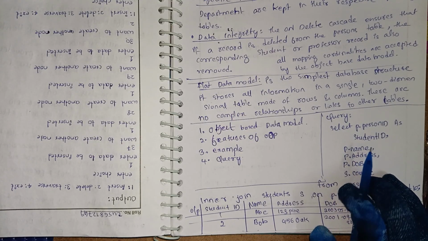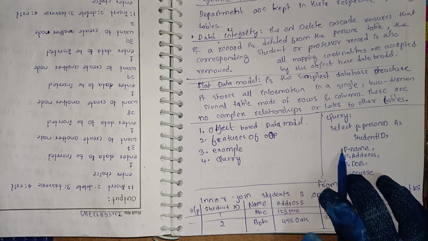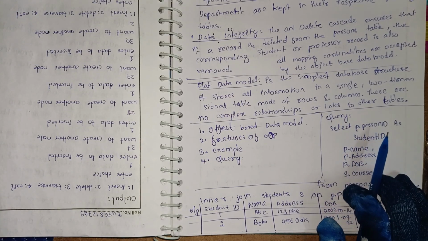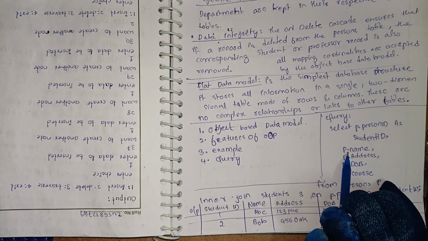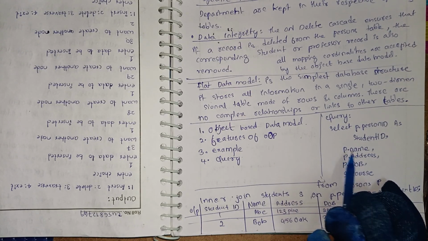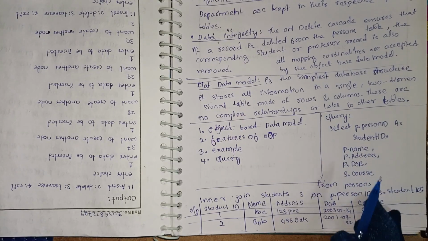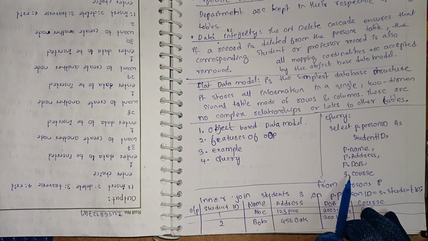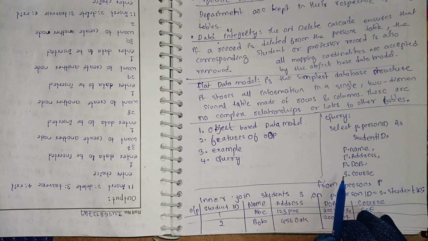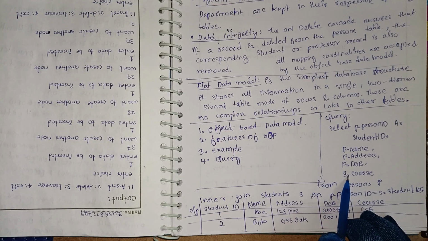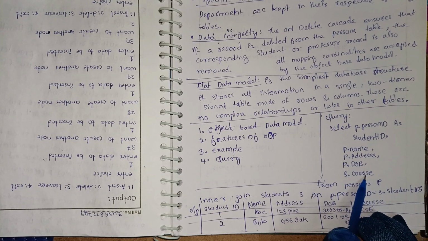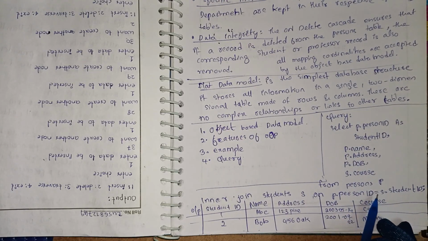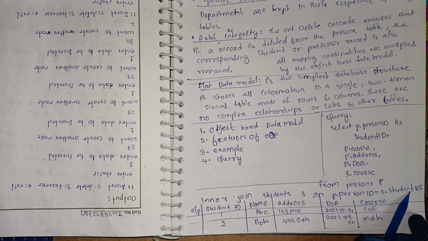We are using one user defined word for a particular table, which is the person table, that is P, and we are accessing the columns with the help of the dot operator. And for the other table, the student table, we are using a new user defined alphabet, and by using the dot operator we are accessing its columns, and then we are joining it at person ID and student ID, because they are the same.